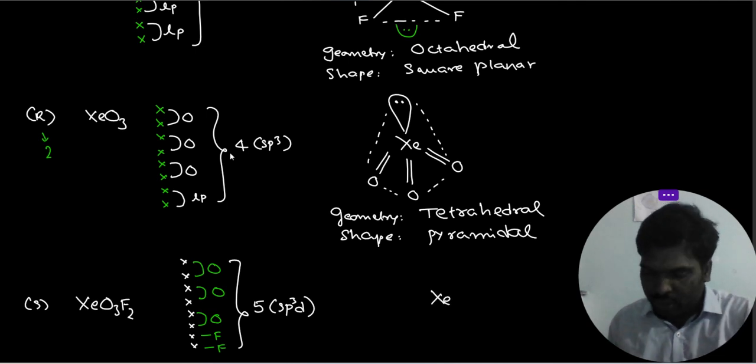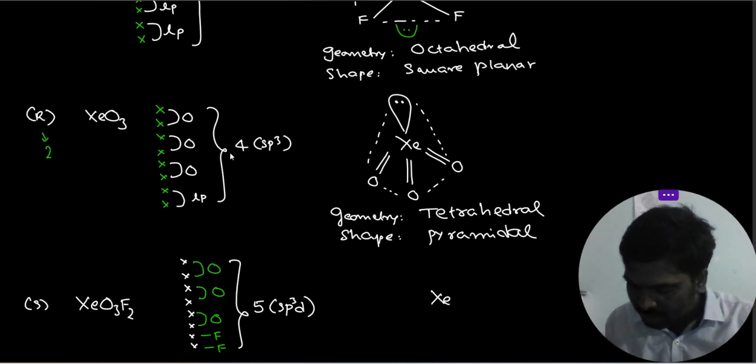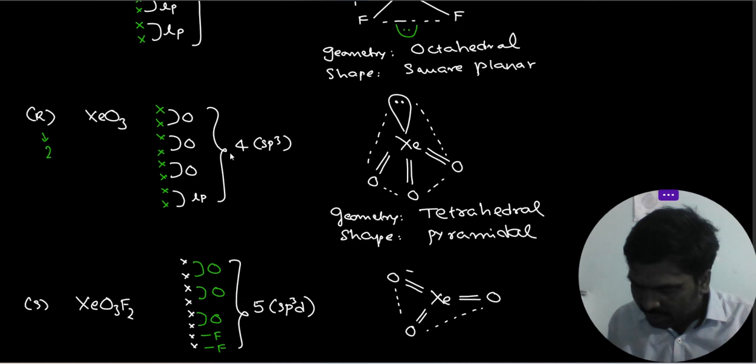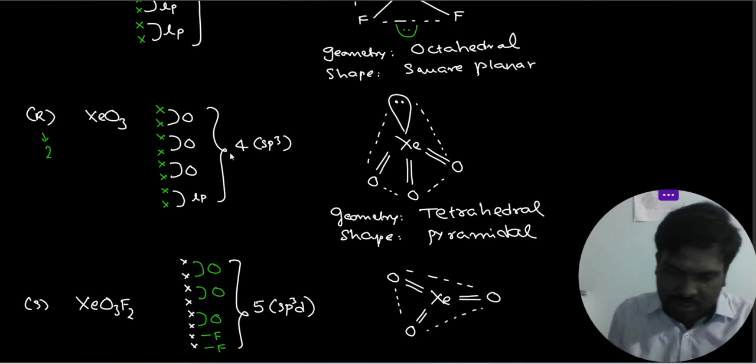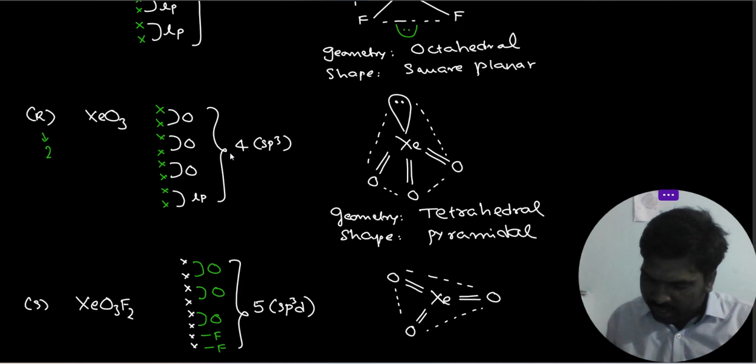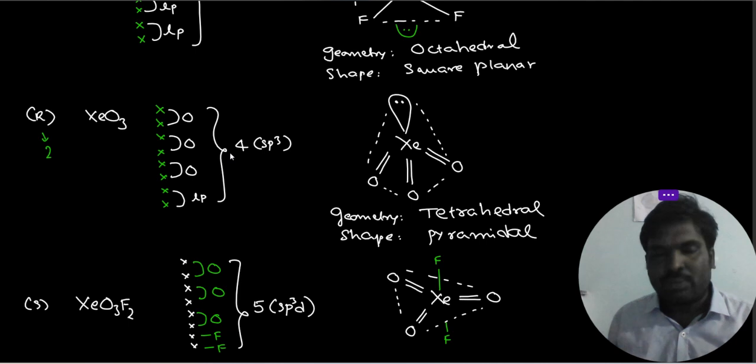The bigger atoms, oxygen being somewhat bigger, occupy the equatorial positions, and the remaining two fluorine atoms go axial. As I already told you, one of the postulates of VSEPR theory is that big atoms or lone pairs occupy equatorial positions.